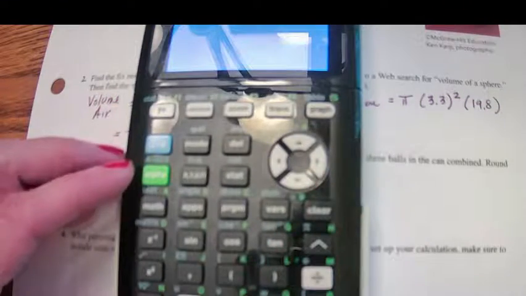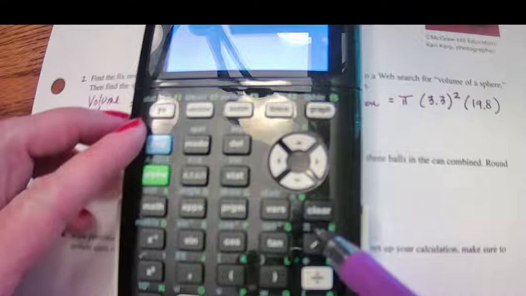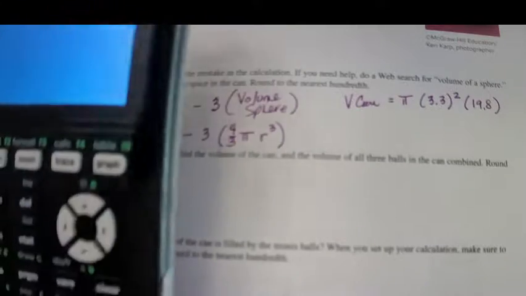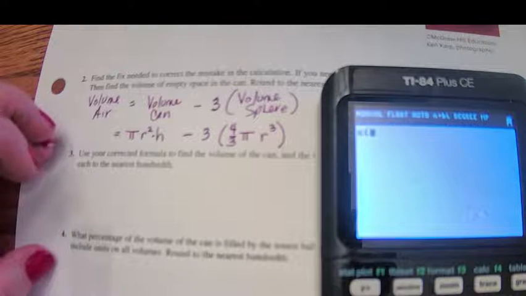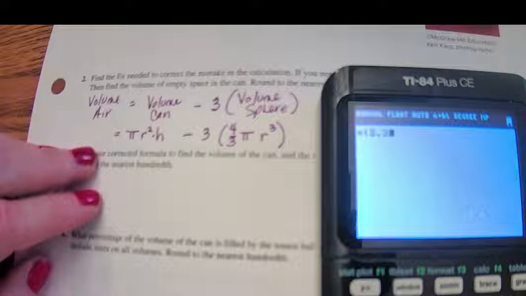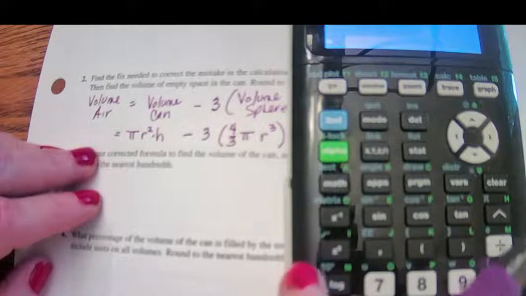Okay, so my pi button is right here. The blue key pi is above my caret. So the volume of the can is going to be pi times my radius, which is 3.3, close the paren, squared. Here's my squared button.